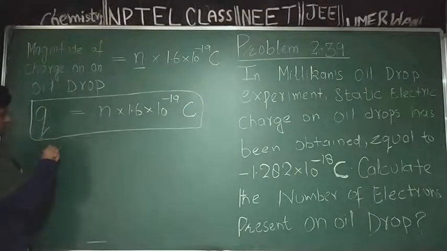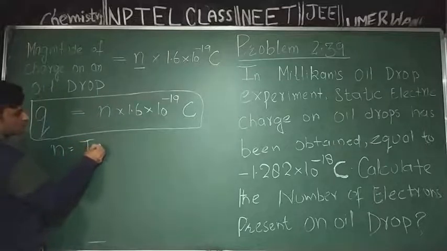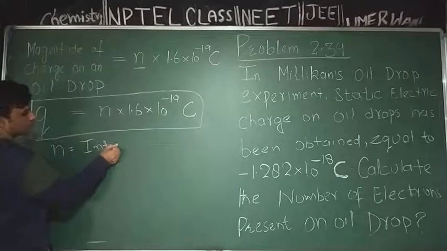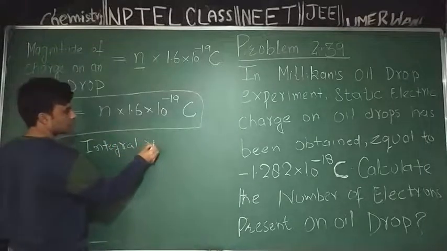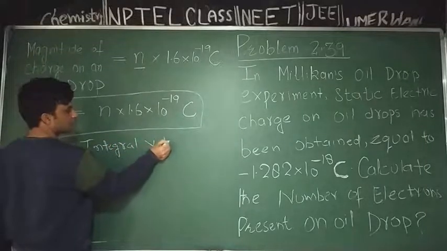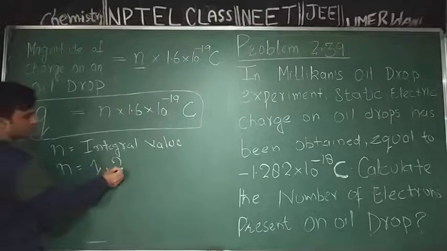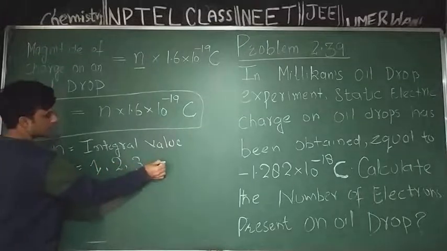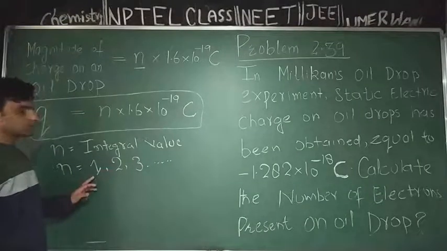And n here is an integral value. It cannot be 0, cannot be fractional. It can take minimum value 1, followed by 2, followed by 3, etc., depending on the number of electrons that reside on the oil drop.